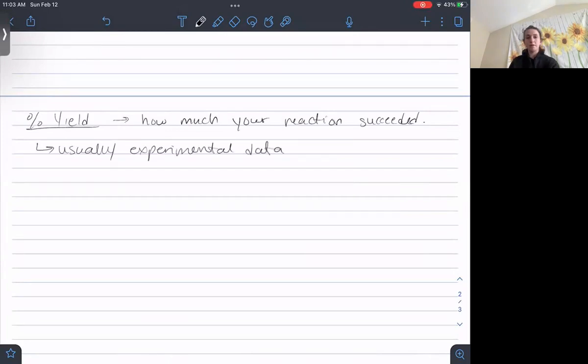And you can do a limiting reactant question first before you find out what your percent yield is. Does anyone know the formula for a percent yield question?